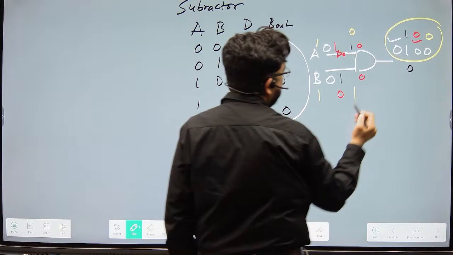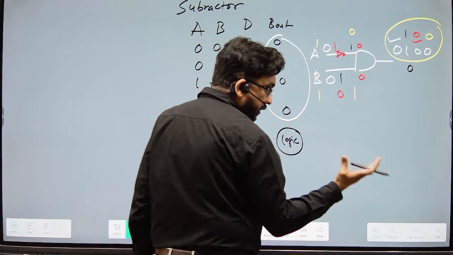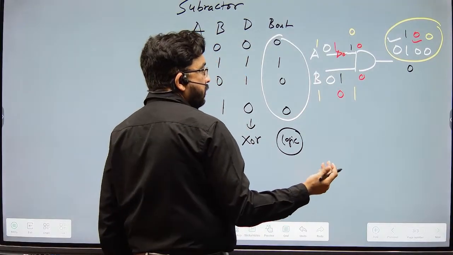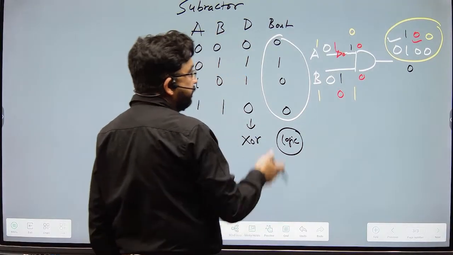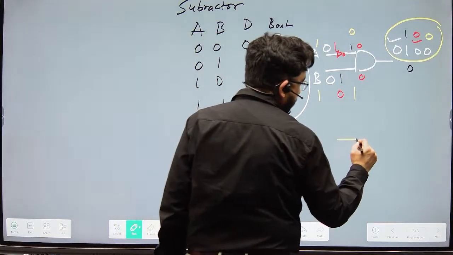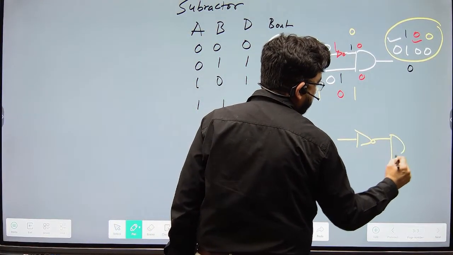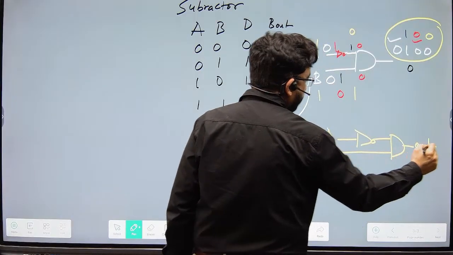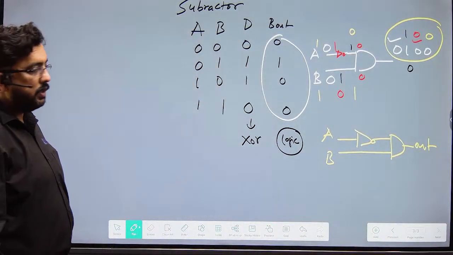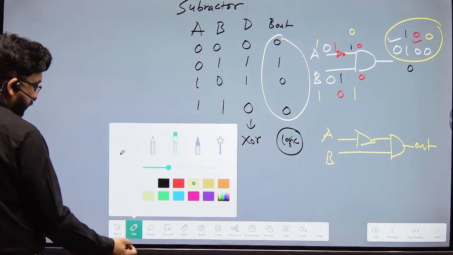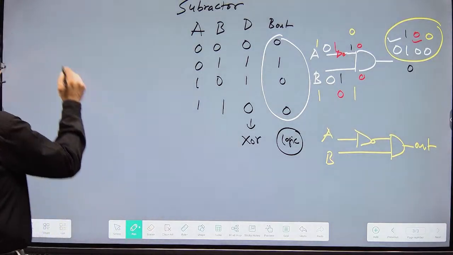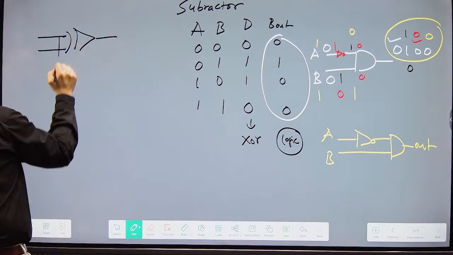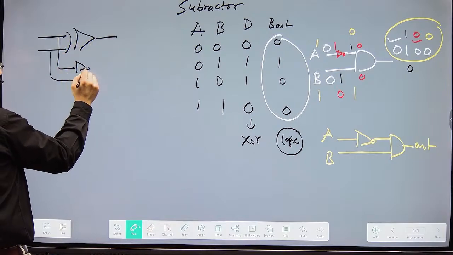That means the circuit of this logic is this: A and B in, and out. So this is your circuit. Your difference is your XOR, and borrow out is this.